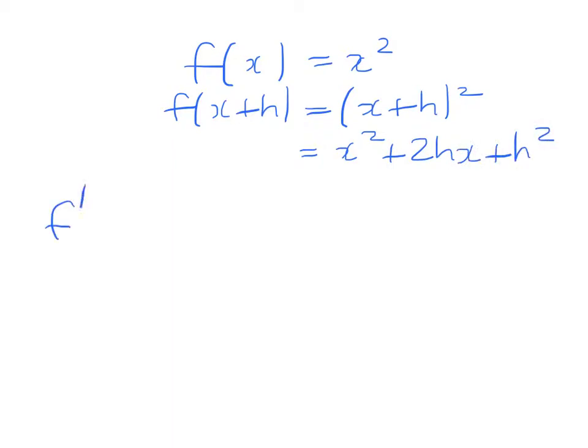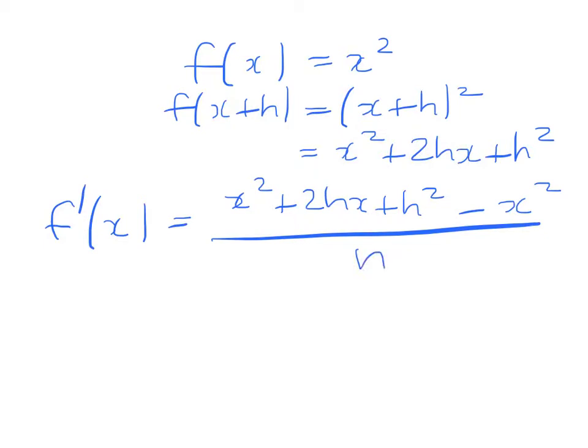So the derivative from first principles is f of x plus h minus f of x, over h. And of course we want the limit of all of that as h tends to 0. Very important.